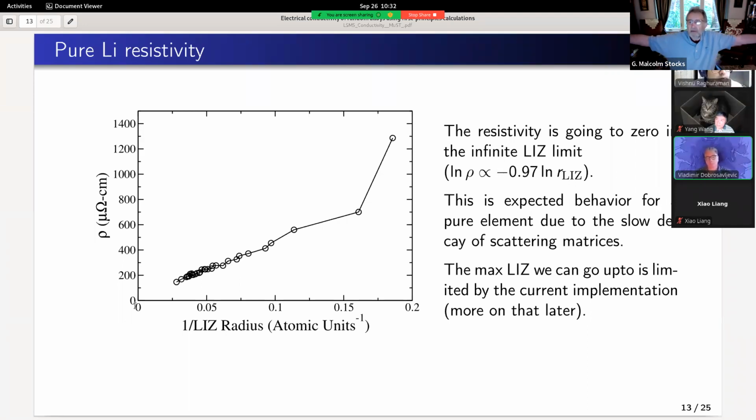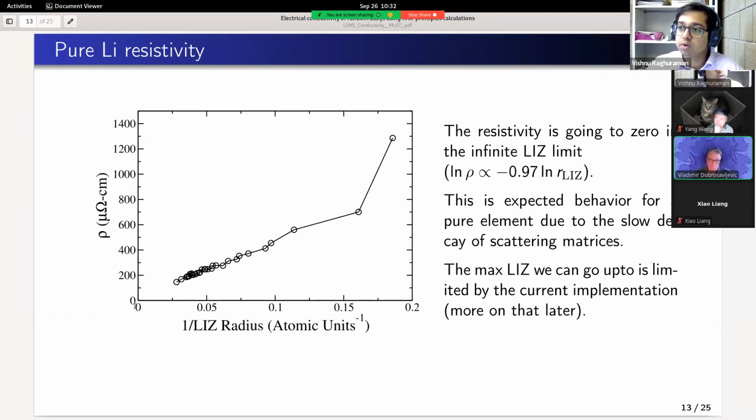Every atom's in there, and then you look at how those states are filled. They're all occupied up to the Fermi surface and non-occupied afterwards. So you're basically reconstructing, in some sense, that Fermi surface as you make the LIZ bigger and bigger. Yeah, that's true. That's the sort of picture that comes to mind, anyway.